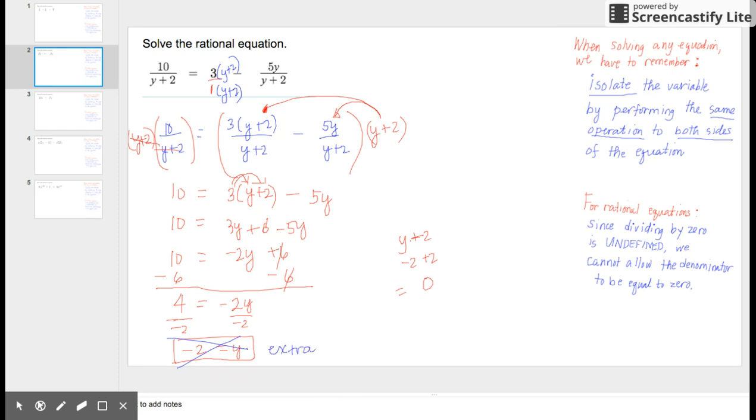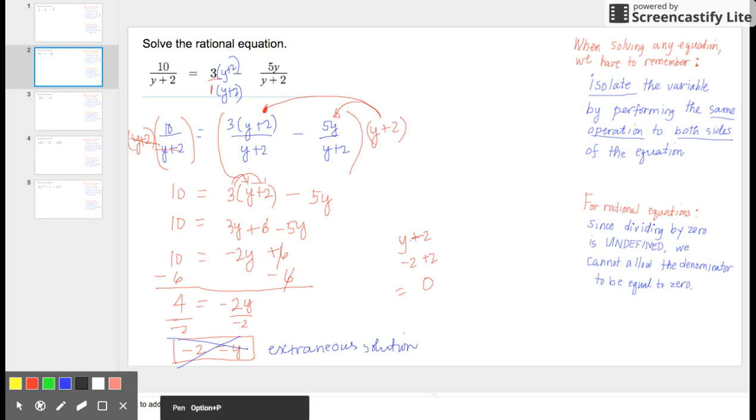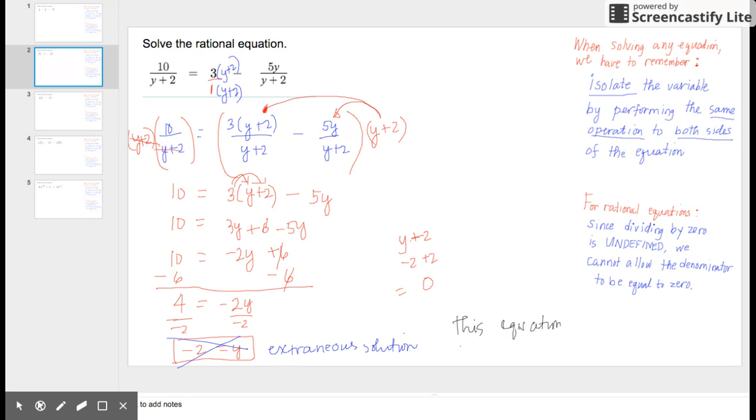This is a restricted value for the variable, so that means it can't be the solution. And we don't have any other solution here, so we say that this equation has no solution. And sometimes to say no solution, you can use this symbol, the empty set.